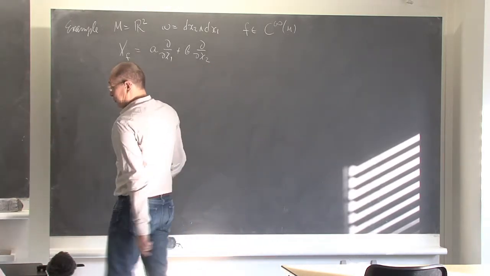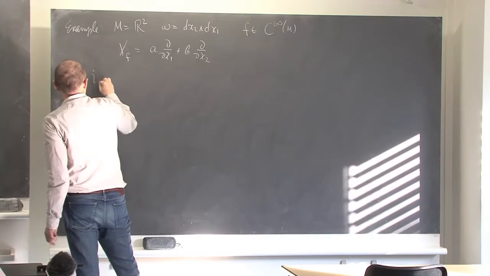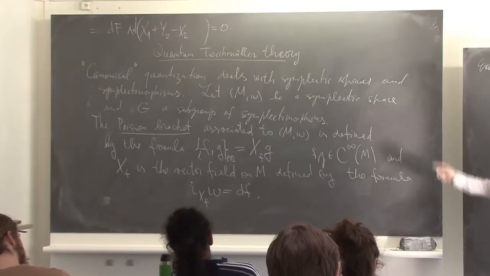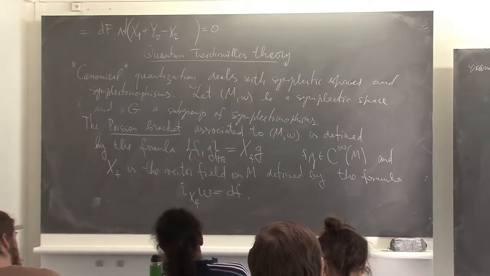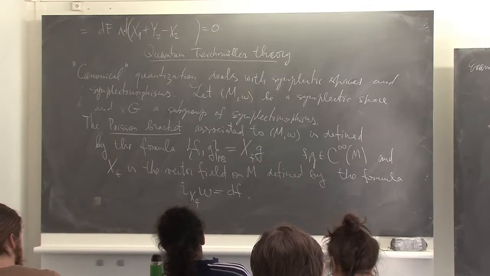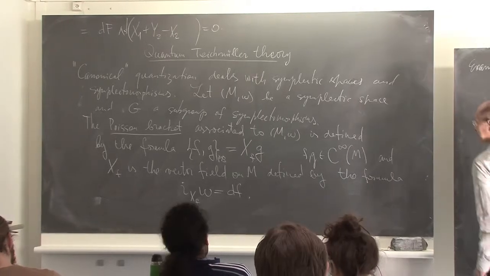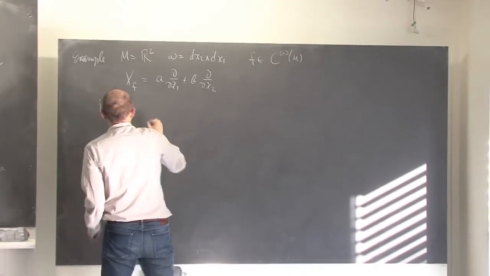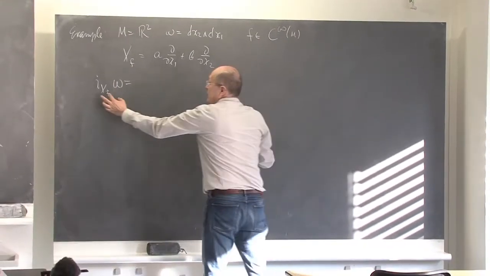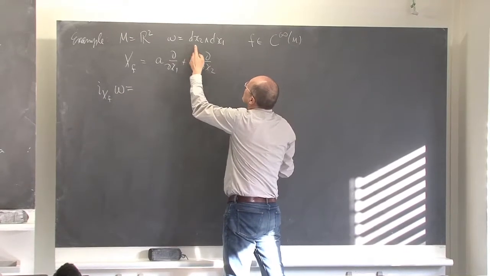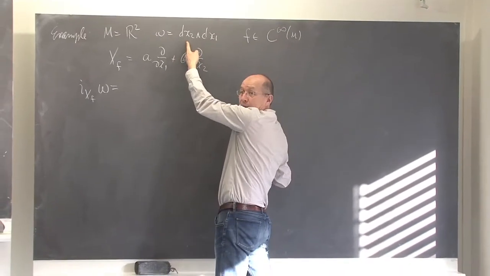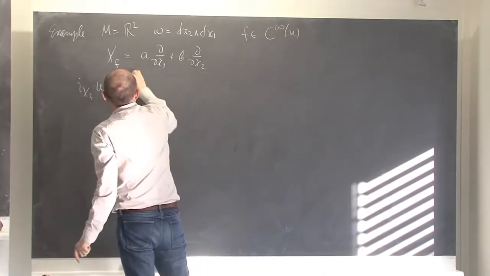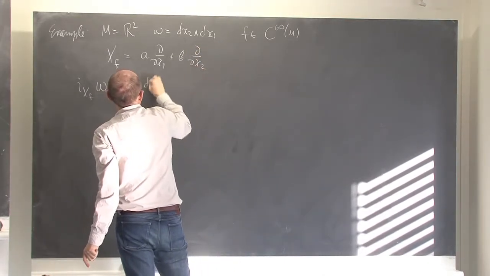So we follow the definition. So the internal contraction of, I hope that you know this language of differential geometric operations. Okay, very good. Internal contraction of omega. So what is it? It is an anti-differentiation. So we contract first the leftmost term in the wedge product. So i_{X_f} applied to dx2.